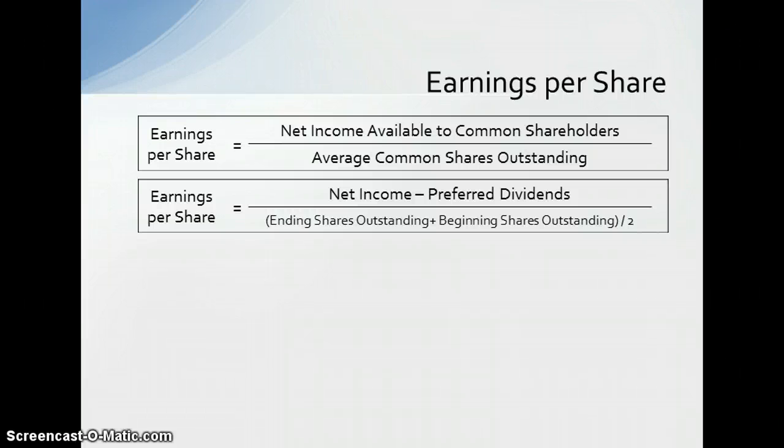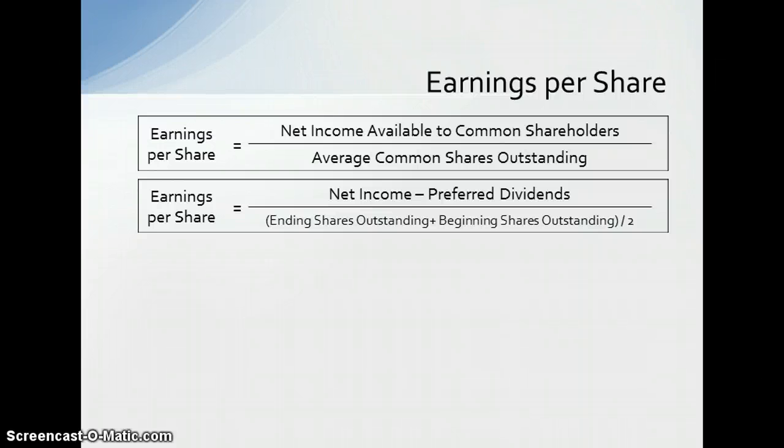So if we look at the net income that's available to the common shareholders and divide that by the average of the common shares outstanding, you get a measure called earnings per share. How much is the net income per share of this company? Once again, you could compare different sized companies. It doesn't matter how much the net income is. This is equating earnings on a per share basis.